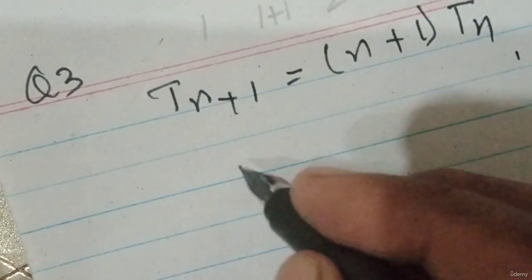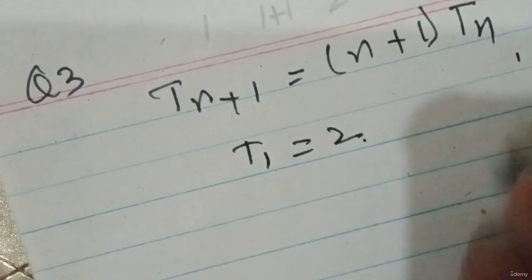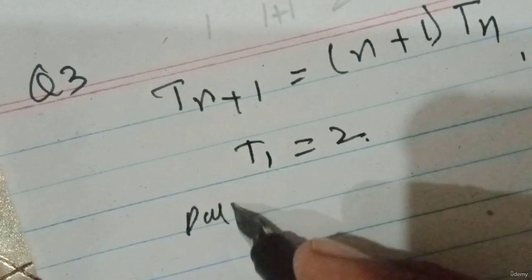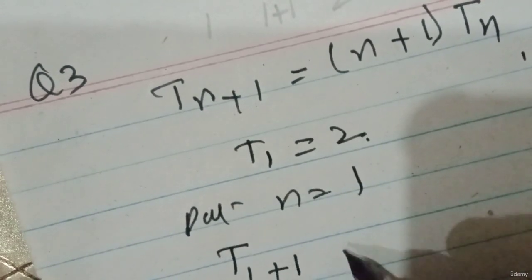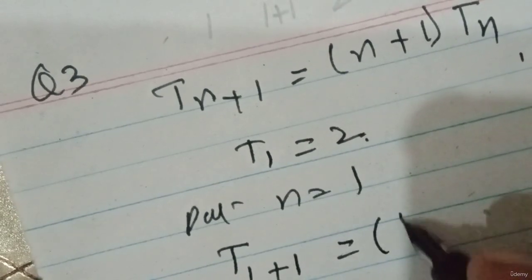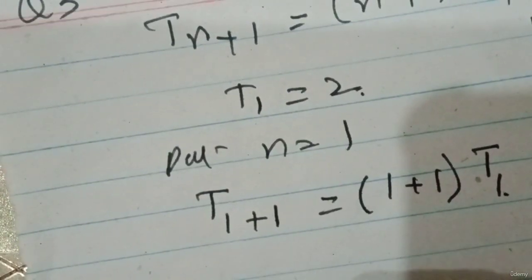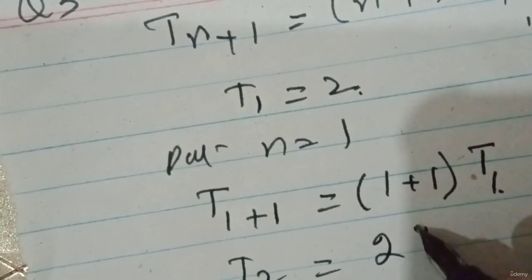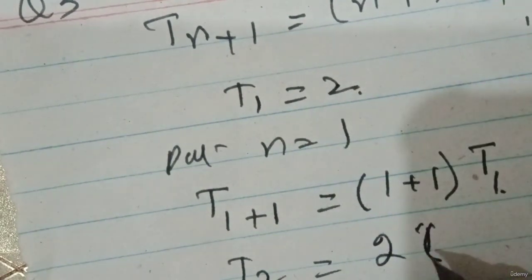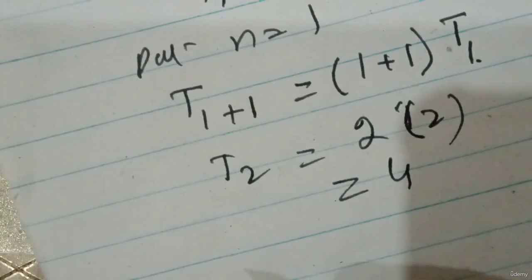Now you have to find, t1 is equal to 2. Now how you will find: put n is equal to 1. You have t1 plus 1 and n plus 1 and tn means t1. Now you have t1 given, so t2 will be 2t1. t1 value is 2, so t2 will be 4, and similarly t3.